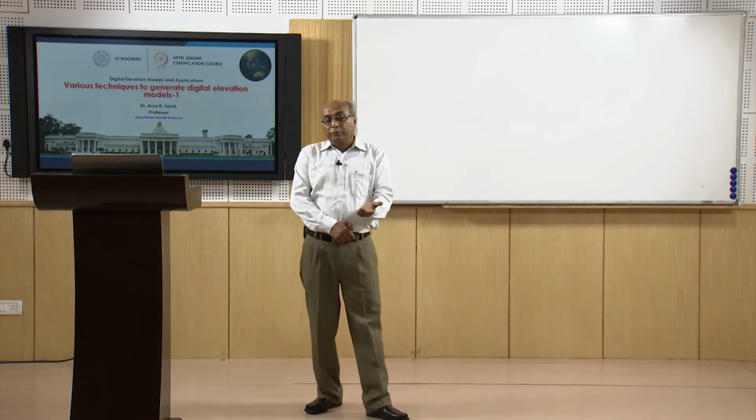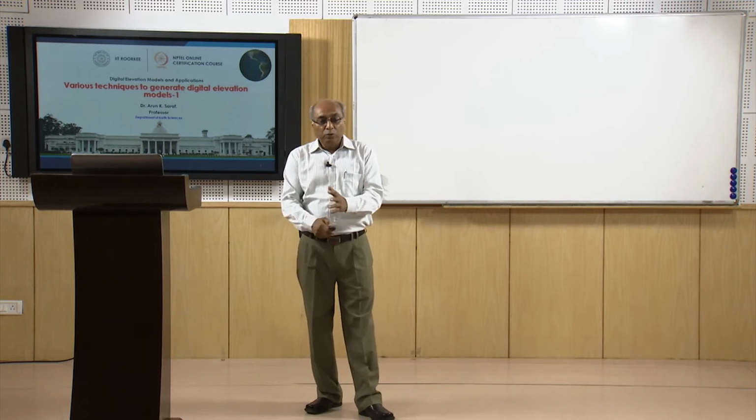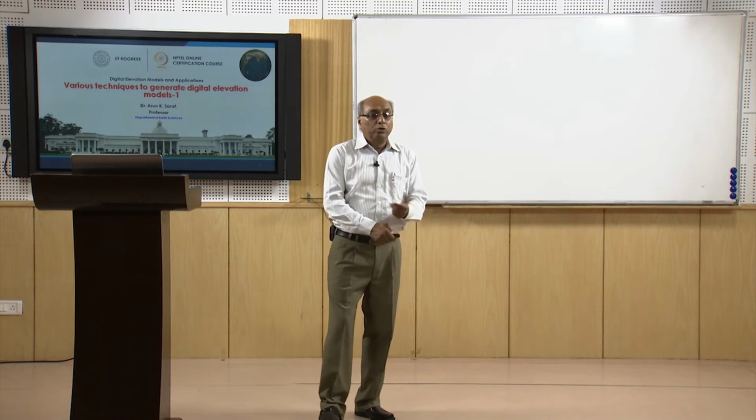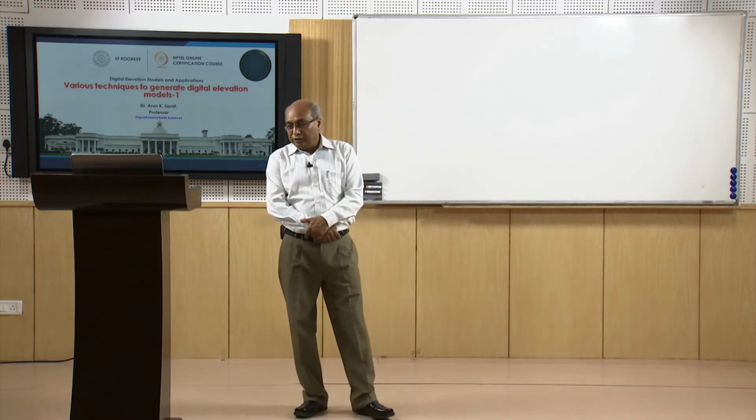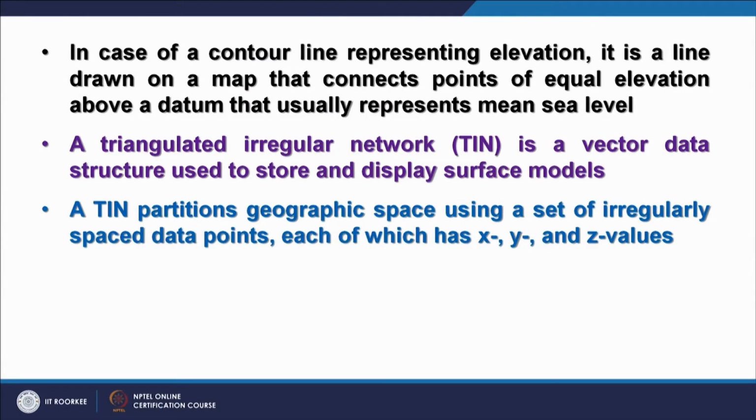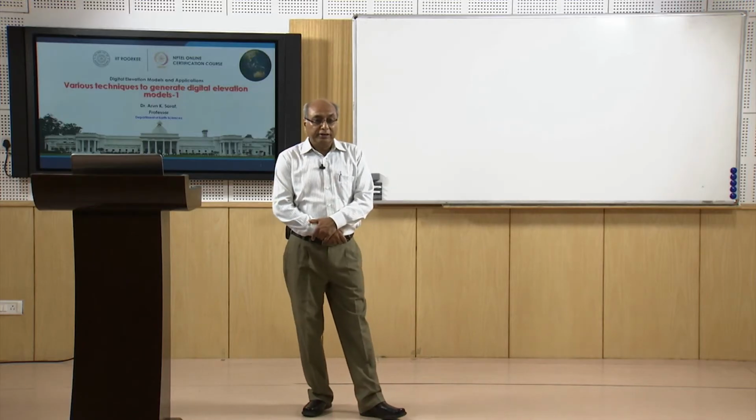Also, using these points we can create a TIN surface, which is closer to the vector data structure and can store and display surface models, as we will also see in this course. What a TIN basically does is partition the geographic space, the given area for which you have point observations, using irregularly spaced data points, each with x, y and z values, like in a typical digital elevation model.